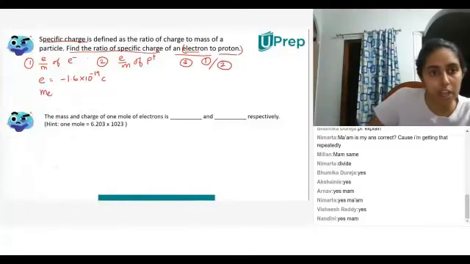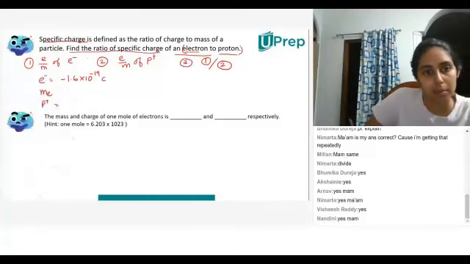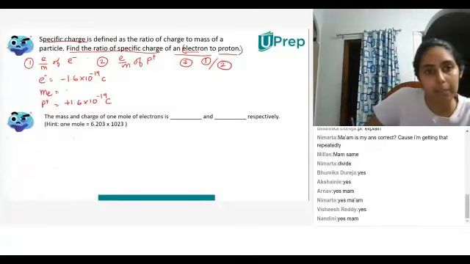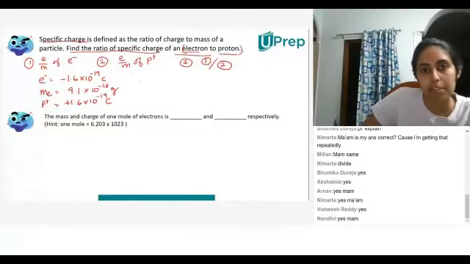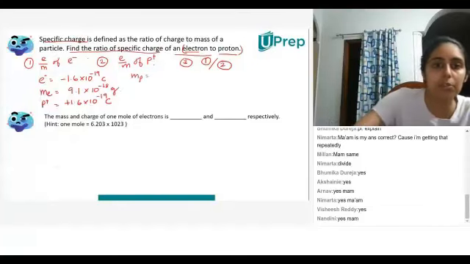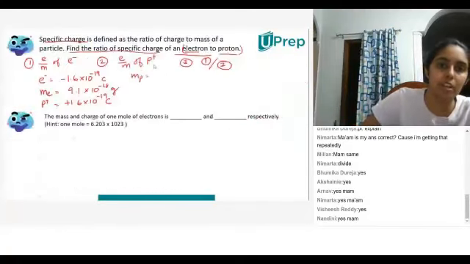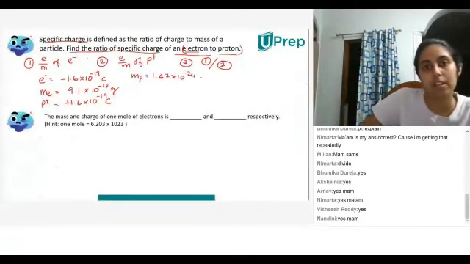Mass of an electron, charge of a proton: plus 1.6 into 10 to the power minus 19 coulomb, 9.1 into 10 to the power minus 28 grams, and mass of proton is equal to 1.67 into 10 to the power minus 24 grams.